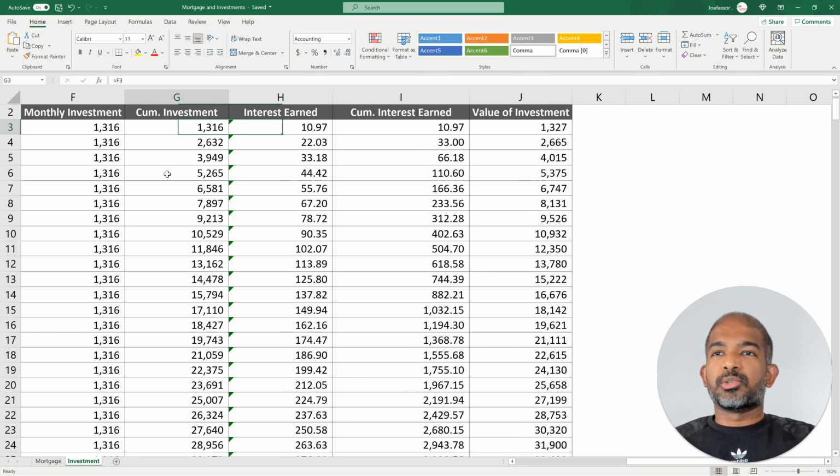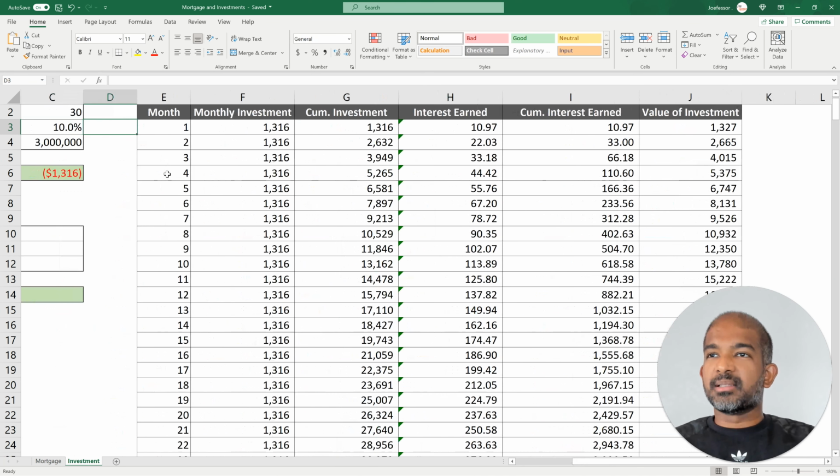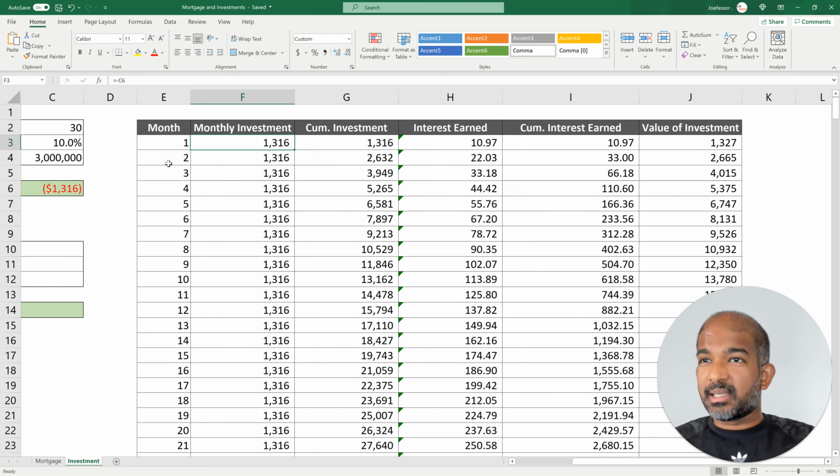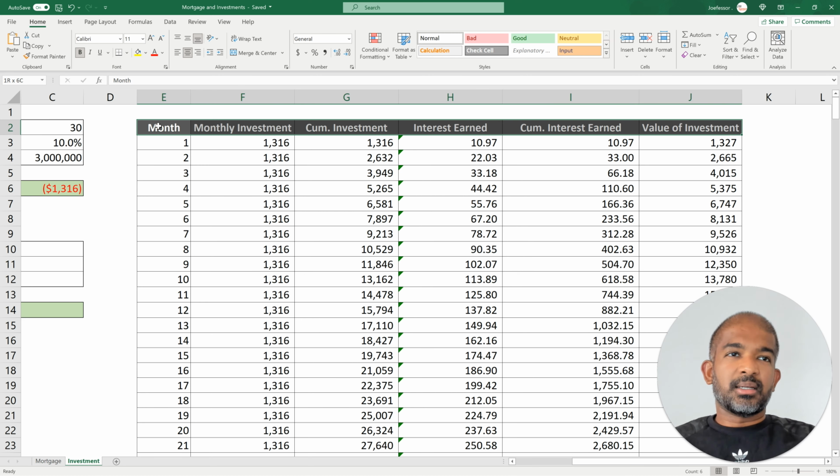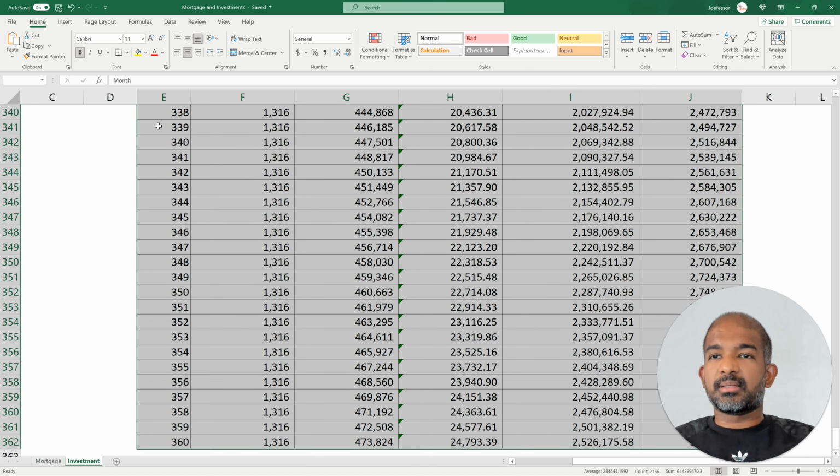Okay, so to better understand what happens in this table, let's try to graph it out so we can visually see what's going on. I'm interested in how the investment particularly grows and how also the interest earned grows. Let's take all of that.